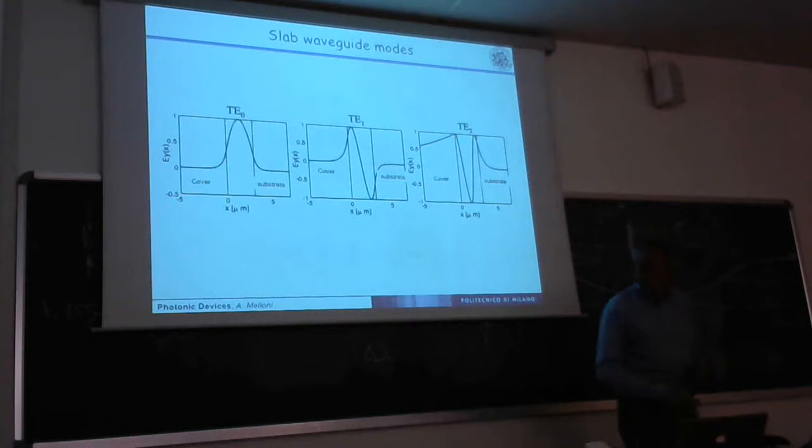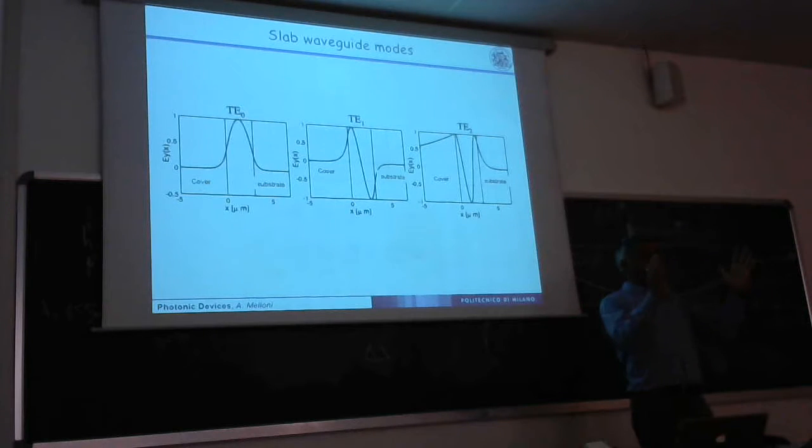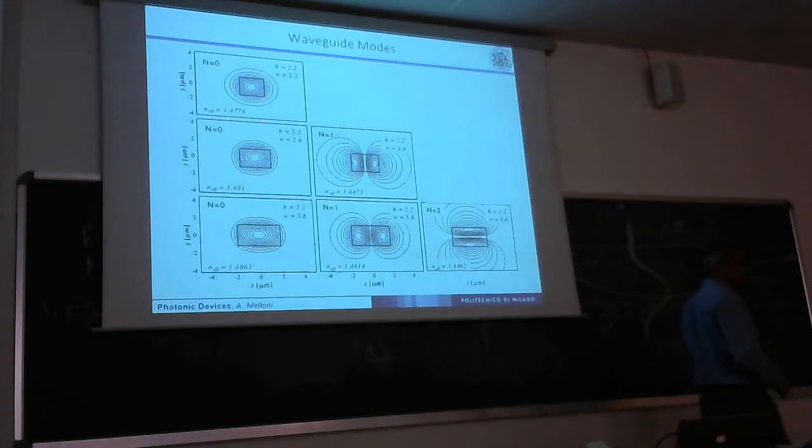Till now we worked with this mode because it was a slab waveguide: the fundamental mode, the second mode, only one direction. If the waveguide is confined vertically and horizontally, obviously the shape of the mode becomes 2D, not 1D.